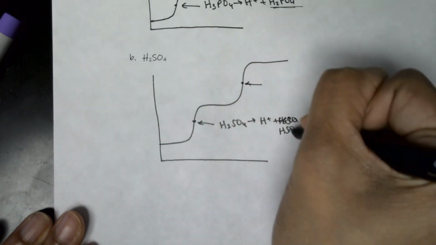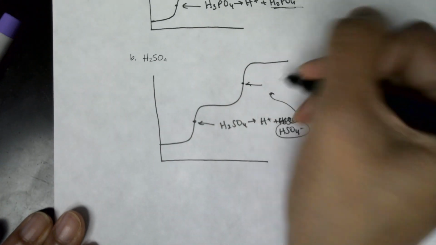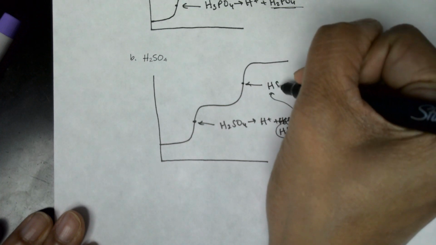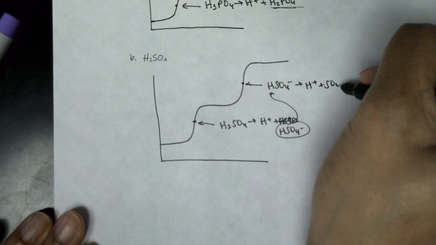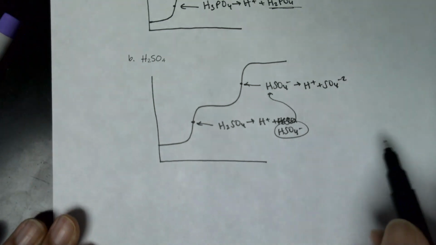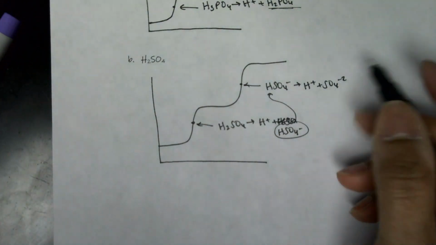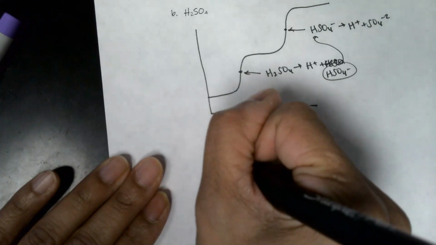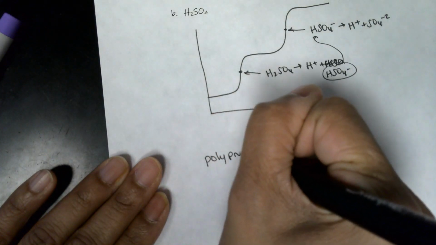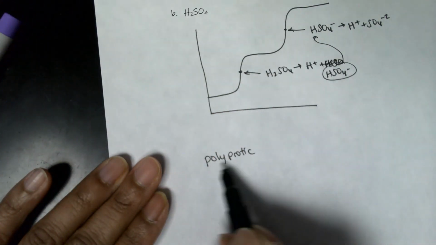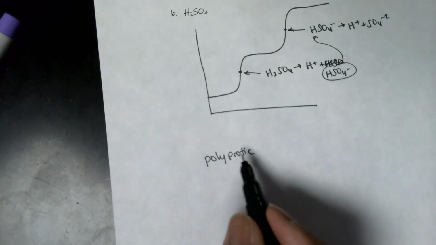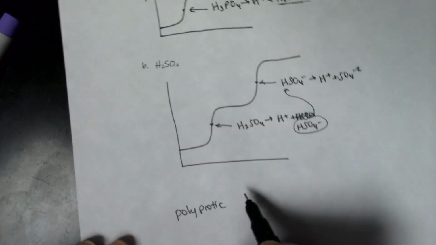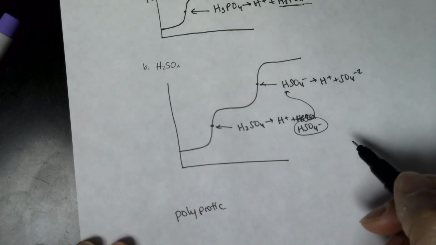And this one is now taking this and kicking out another H plus to make SO4 minus 2. So these are polyprotic, meaning many, essentially protons, because that's what we consider a hydrogen ion, a proton. So these are polyprotic titration curves.